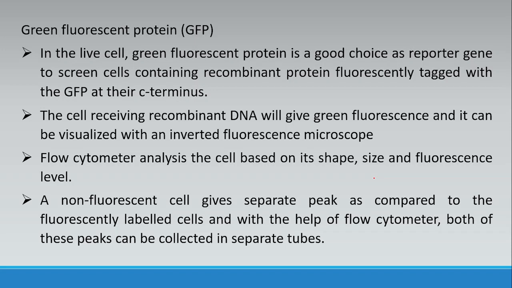The flow cytometer analyzes the cells based on their size, shape, and fluorescence level. A non-fluorescent cell gives a separate peak as compared to the fluorescently labeled cells, and we can compare these on a graph.